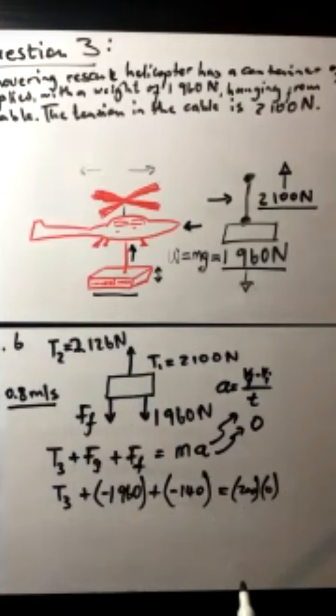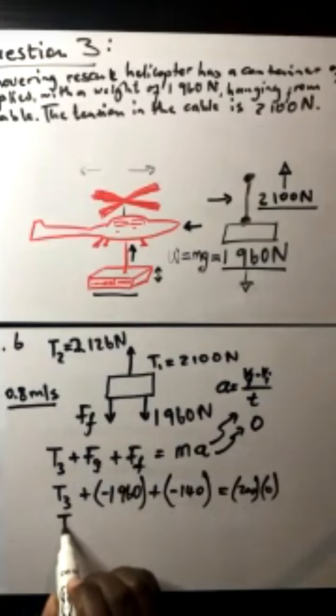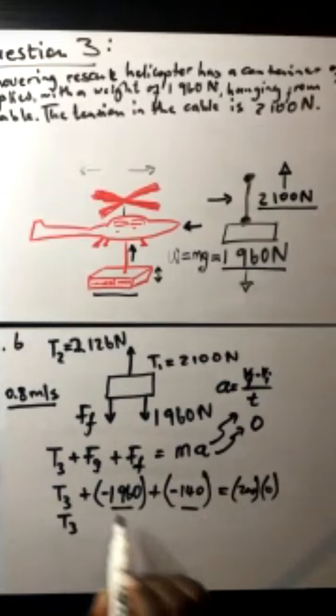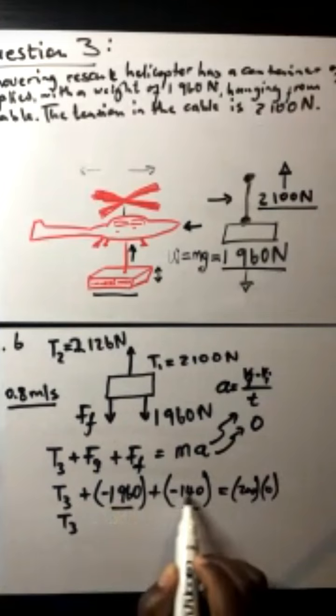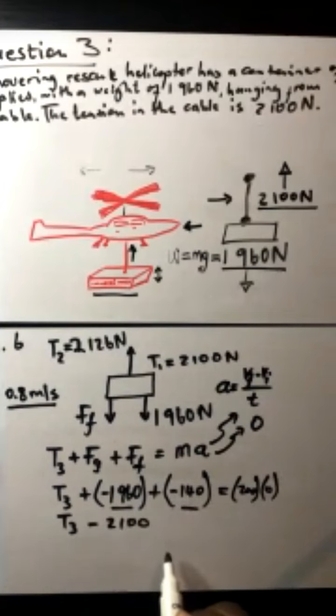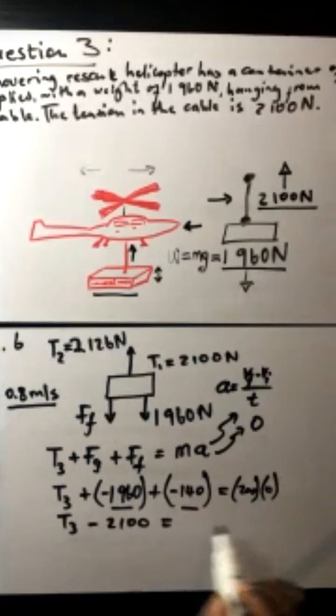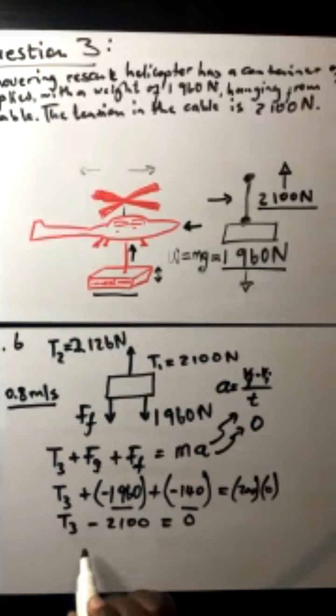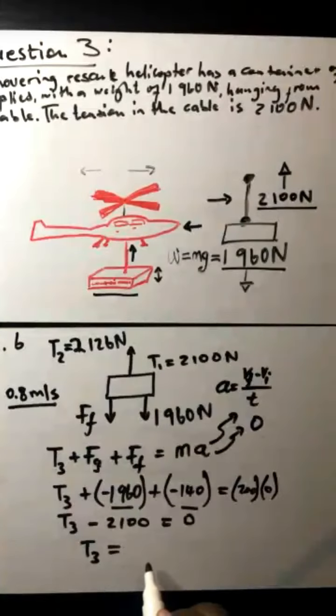We know acceleration is 0. So that means tension number 3, if you subtract these two, it gives you, I think, minus 2,100. And it's going to be equated to 200 times 0, which is the same as 0. Which means tension for scenario number 3 is going to be equals to, transpose, then you get positive 2,100 Newton.